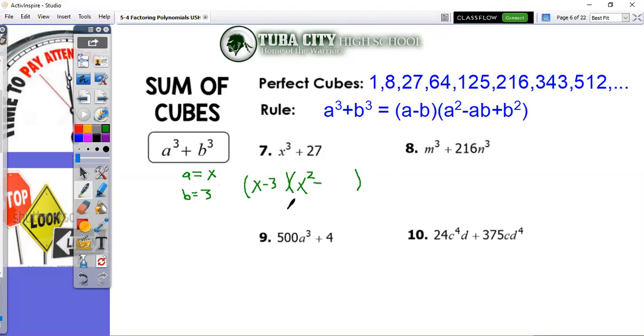So minus x times 3, x3, or if we put it in the right form, it would be 3x. And the last one is b squared. So b squared means 3 times 3, which is 9. And there we go, we're done with that one.